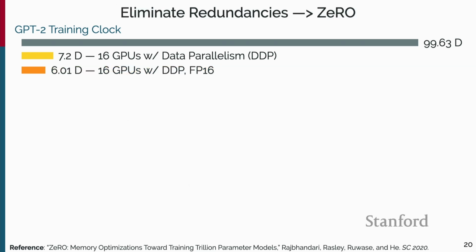And now the final bit is how do we eliminate the redundancies, right? So in standard data parallelism, yeah. Why do you need the 32-bit precision for the optimizer, but only 16 for the model? So when you are estimating the gradients, precision matters more. You want that full range.